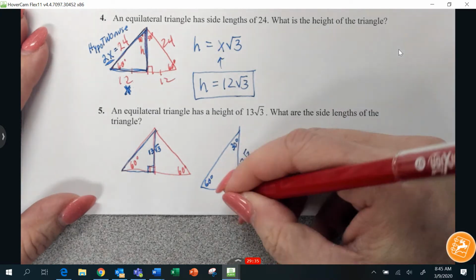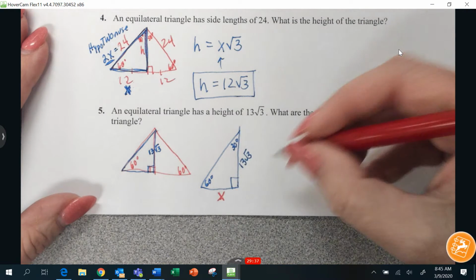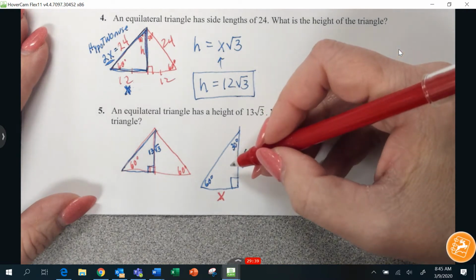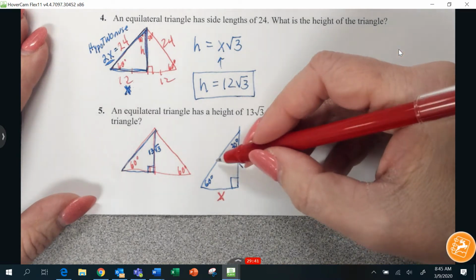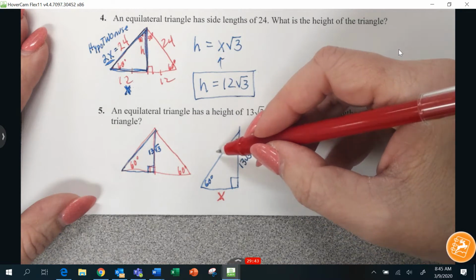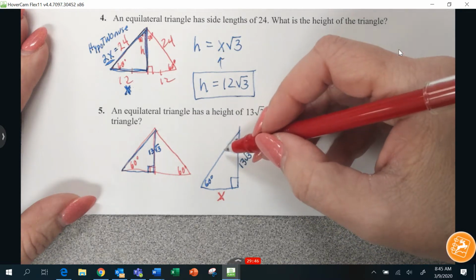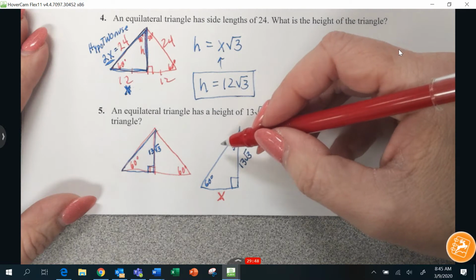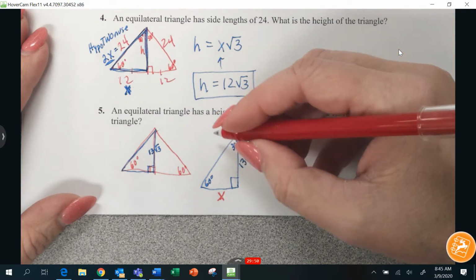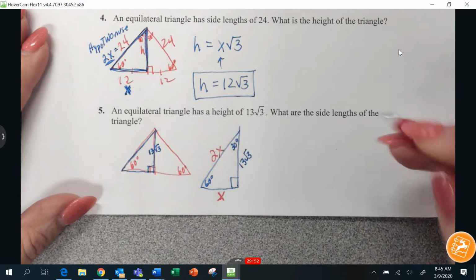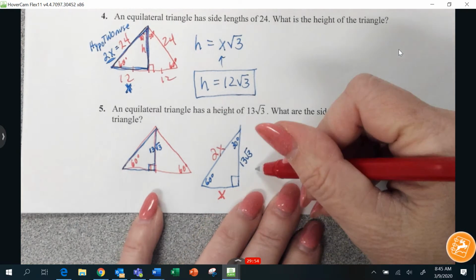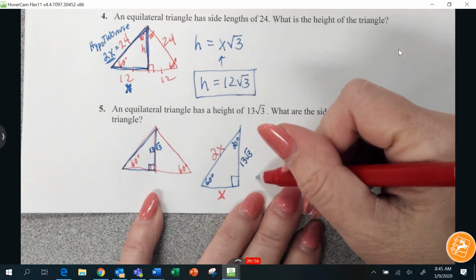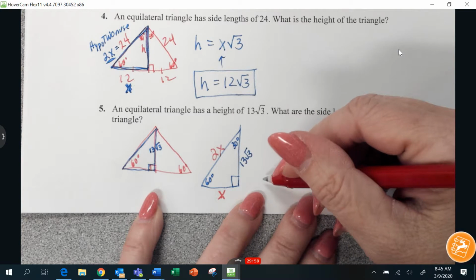X. The hypotenuse, Matthew, the hypotenuse is, I'm not asking the answer. Formula. 2x. And then that makes the third side. Raylan, what's the third side?